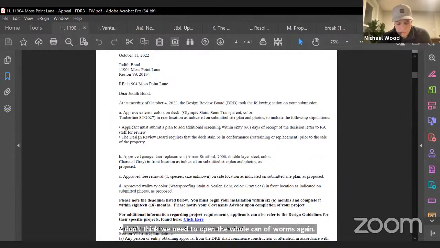Internally, vegetation screening is evergreen in my professional opinion, or else it's not really screening. So I would assume that any sort of plan that comes ahead would be evergreen in nature, and tolerant to whatever environment that it's being planted in. I don't know the sun or shade condition of this exact area, so I'm not going to weigh in on that.